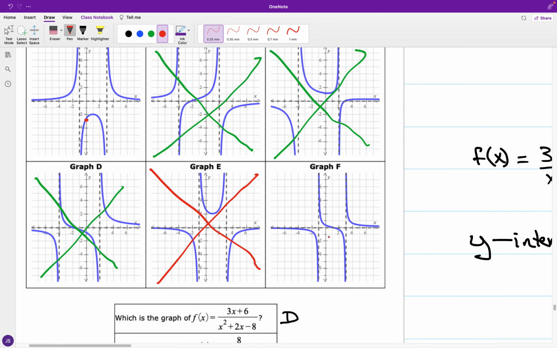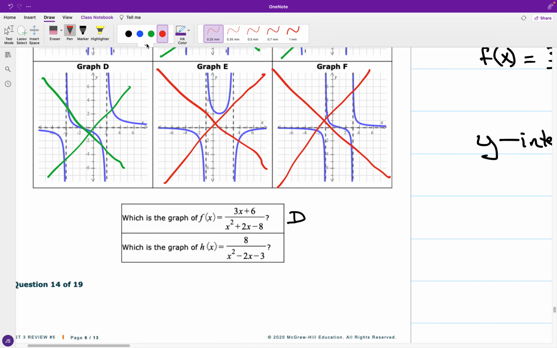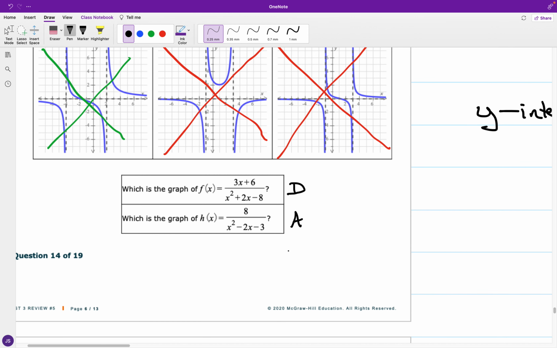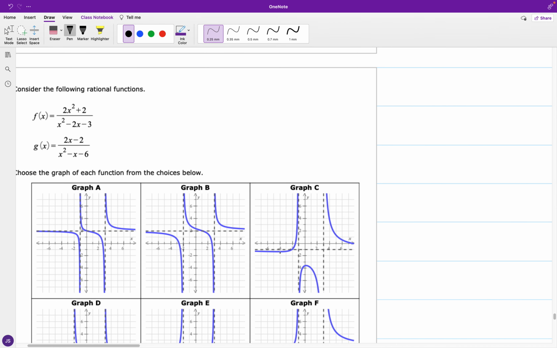Same thing for graph F, you're not even remotely close to negative 8/3, and that section is just above the x-axis, so F goes out. So the result for the graph of h of x will come out to A.